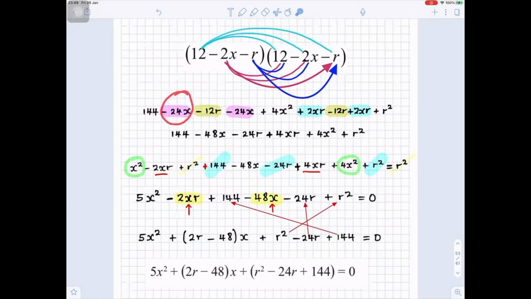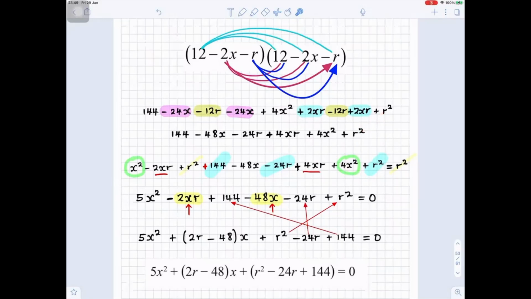Minus 24x minus 24x gives you minus 48x. So the 144 stays the same. Plus 2xr plus 2xr becomes 4xr. And the 4x squared stays the same.